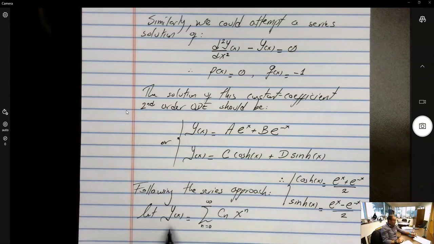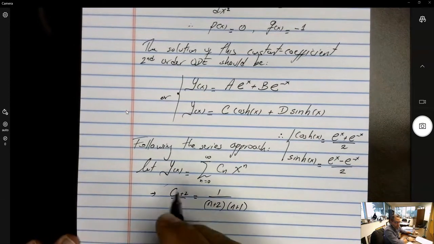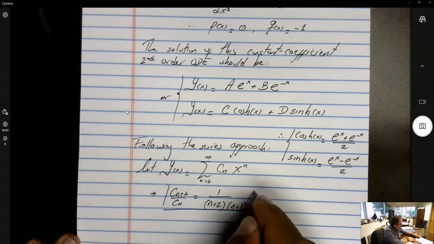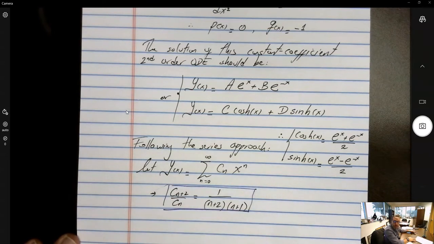Then take the derivative of that, take the second derivative. We'll find a recurrence relationship that looks like Cn plus 2 over Cn is equal to 1 over n plus 2, n plus 1. This is pretty much the same one as before, except that it has a positive sign. Instead of a minus 1, it has a 1.